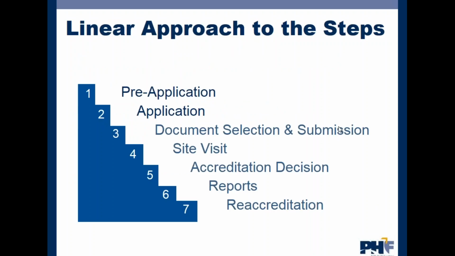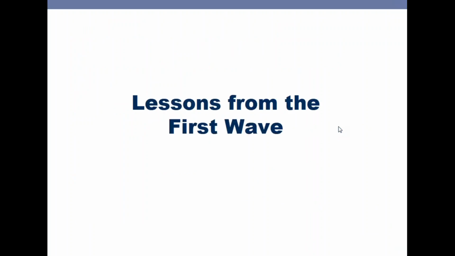Okay, so this is Margie, and we're going to talk quickly now about the lessons from the first wave of accreditation. We've talked about the features of a performance-minded orientation to accreditation, and David has walked us through the different steps of the accreditation process.